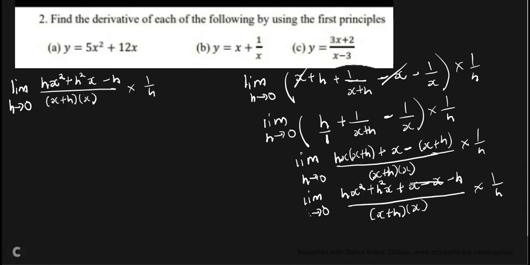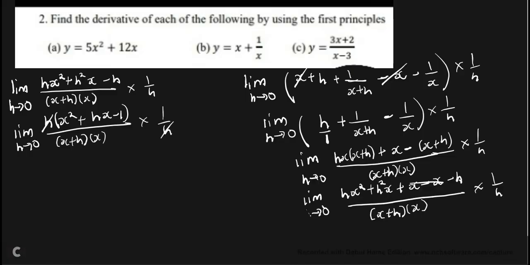So what's common on the numerator? The one that is common is h. So let's factor out h: x squared plus hx minus 1 over x plus h, x there, then times 1 over h.